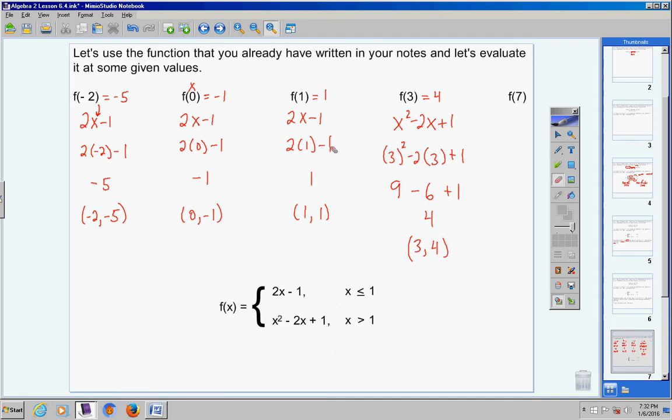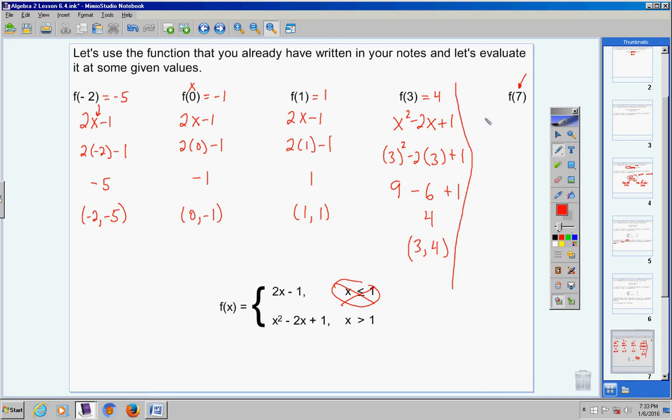All that you have to do is decide which function to use. And how you decide that is whether or not the value you're substituting in fits into which constraint. For example, we're going to substitute 7 in for x. Well, there's no way 7 fits in this constraint. This constraint says all numbers less than or equal to 1. However, this constraint here says all numbers greater than 1, and 7 is greater than 1. So we're going to substitute 7 into this function right here.